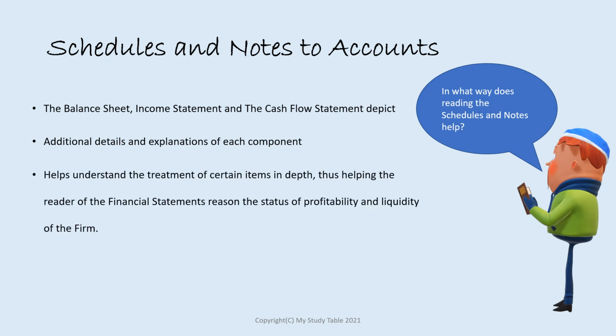So in what way does it help a reader of financial statement? It helps understand the treatment of certain items in depth, thus helping the reader of the financial statements reason the status of profitability and liquidity of the firm.